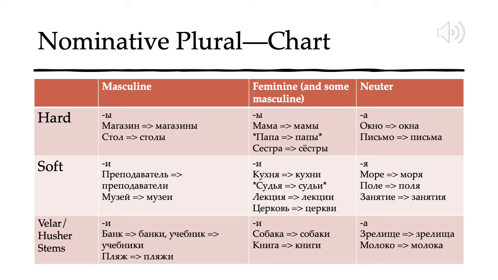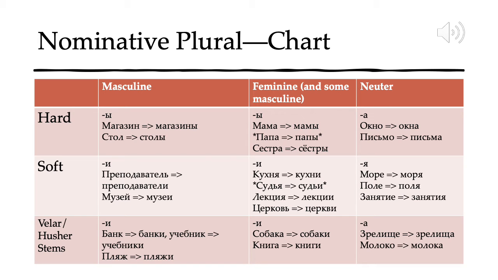And if there is a ye there in that stem, there are certain instances like sestra, sestry, and zhena, zhony, where it will become yo. Unfortunately, you just have to memorize those, but sestra, sestry, and zhena, zhony are two of the most commonly used words where that happens.